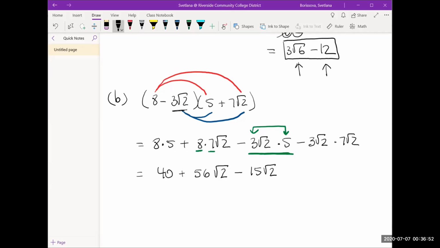And then how about the last product? What can be multiplied? Negative 3 and 7. Okay, we can do negative 3 and 7. Anything else? So notice that we have square root of 2, and we have another square root of 2.